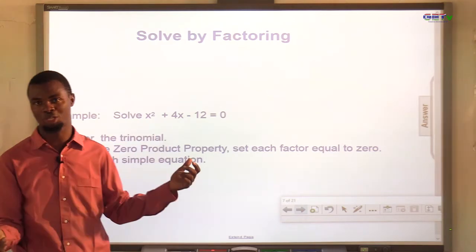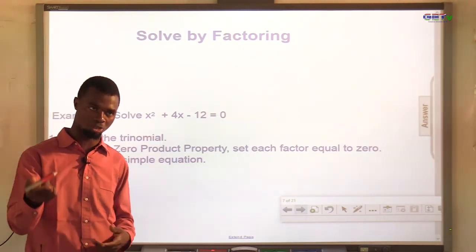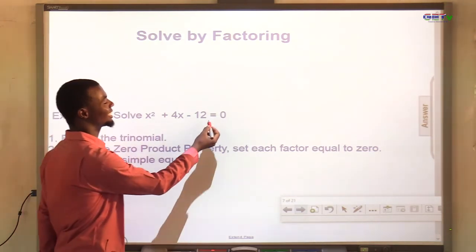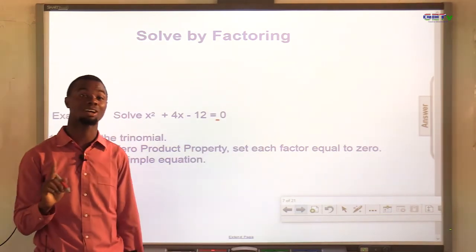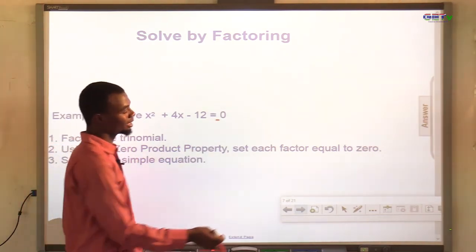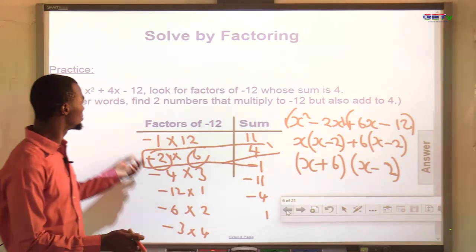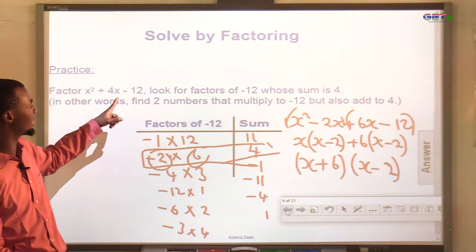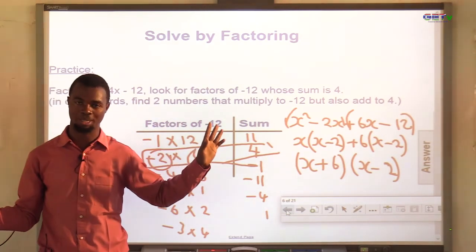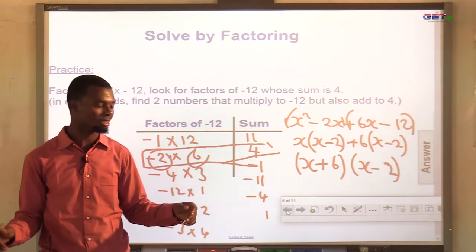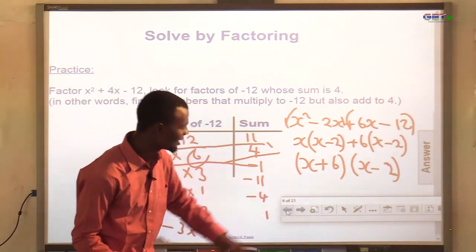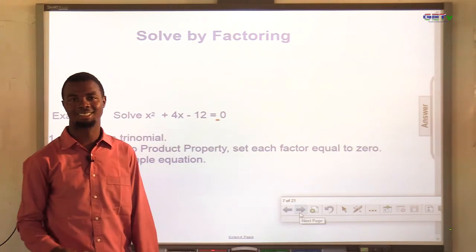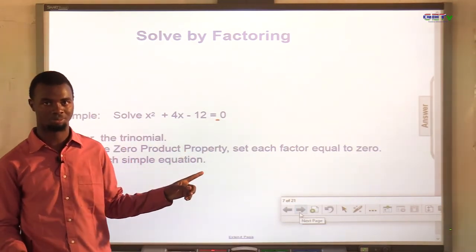This is an equation, and the other one was an expression. Because it has an equals to sign, it is called an equation. If I take you back a little, x squared plus 4x minus 12, that is where the expression ends. There is no equation for that one. But this one here has equals to 0.